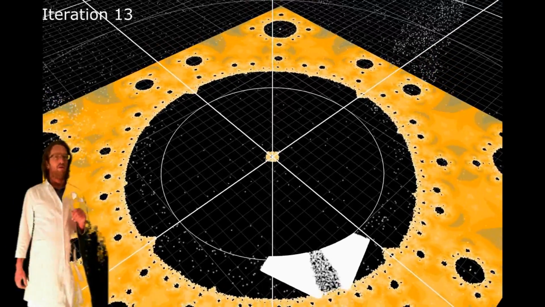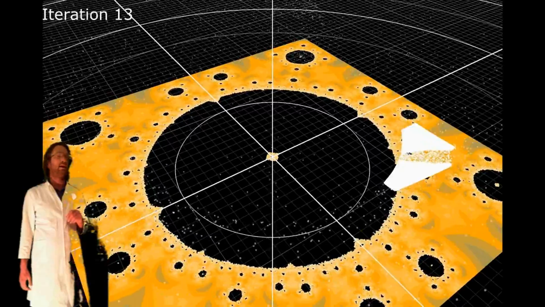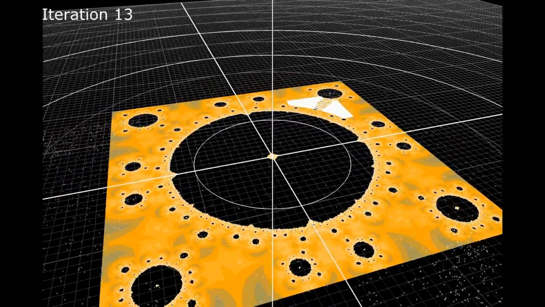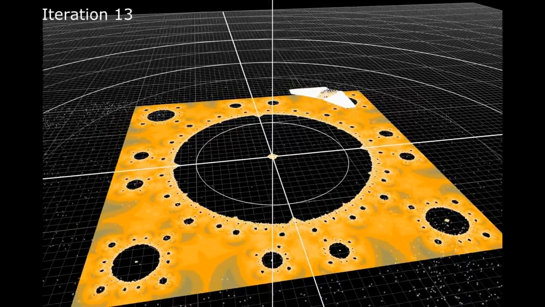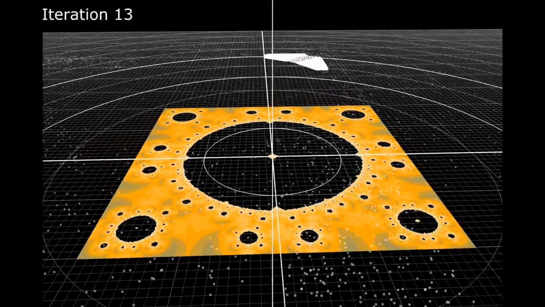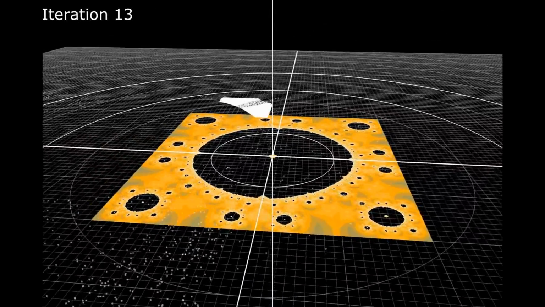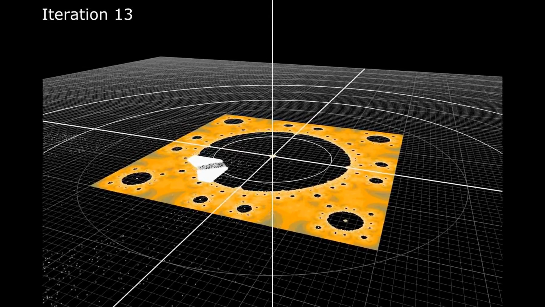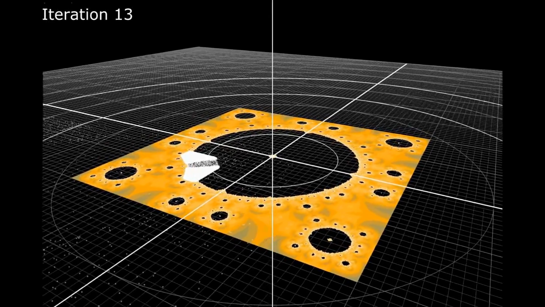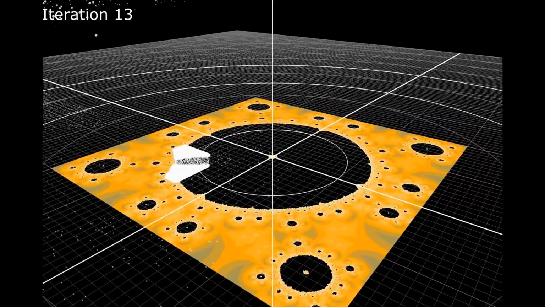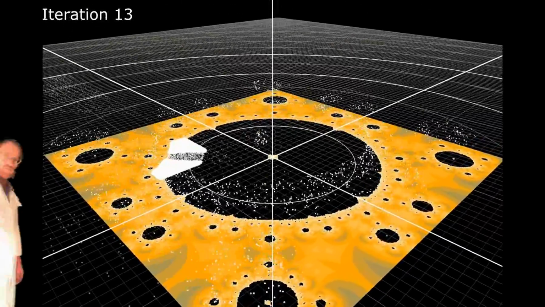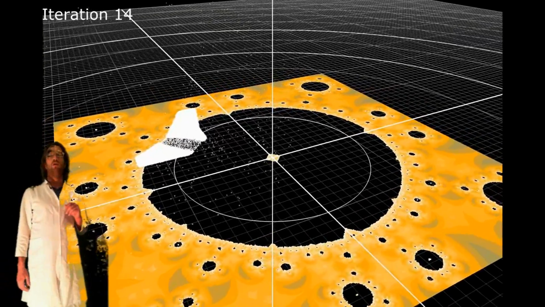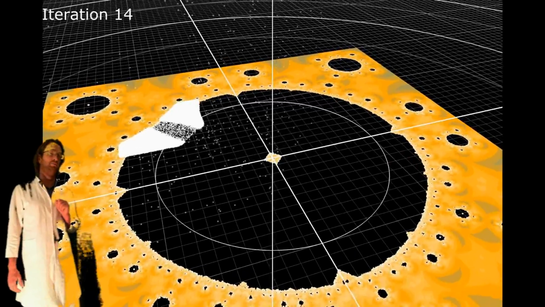The scaling of -1.5 is performed. The folding operation on both axes is performed again.